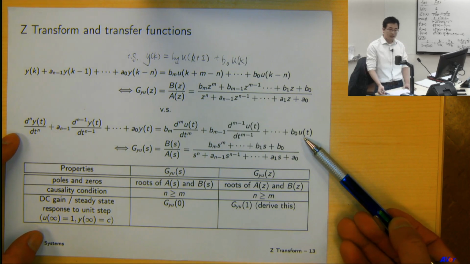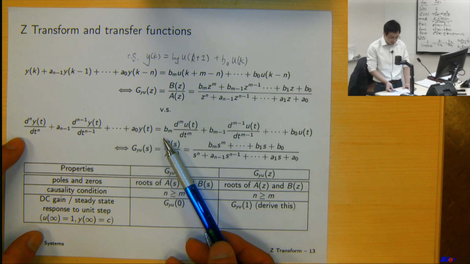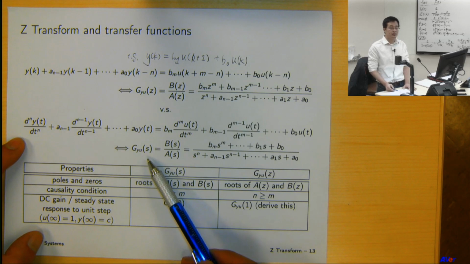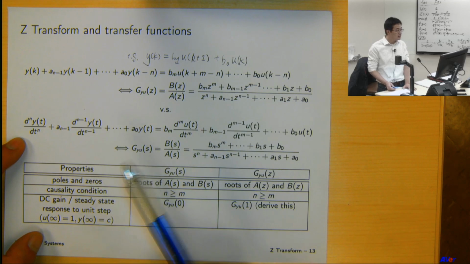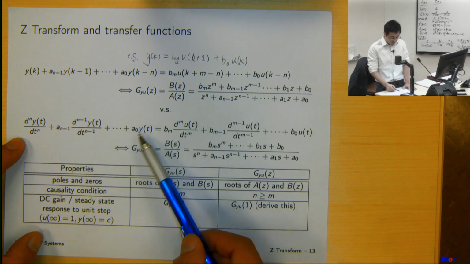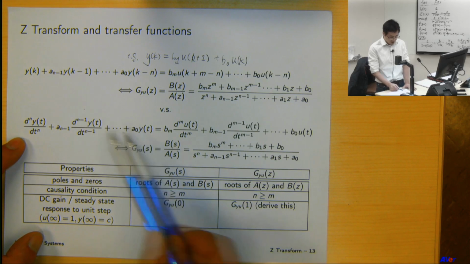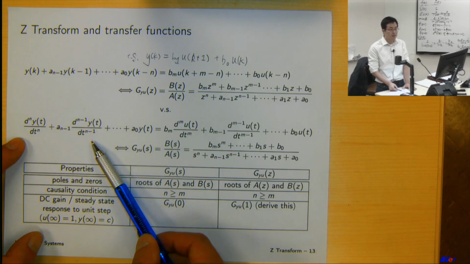Now what I want to talk about a little bit more is the DC gain concept. In the continuous time case, the DC gain is G, the transfer function evaluated at s equal to 0. We obtain that concept by thinking about what happens after everything converges. If y goes to some constant in the end, then all these derivatives are going to be 0.